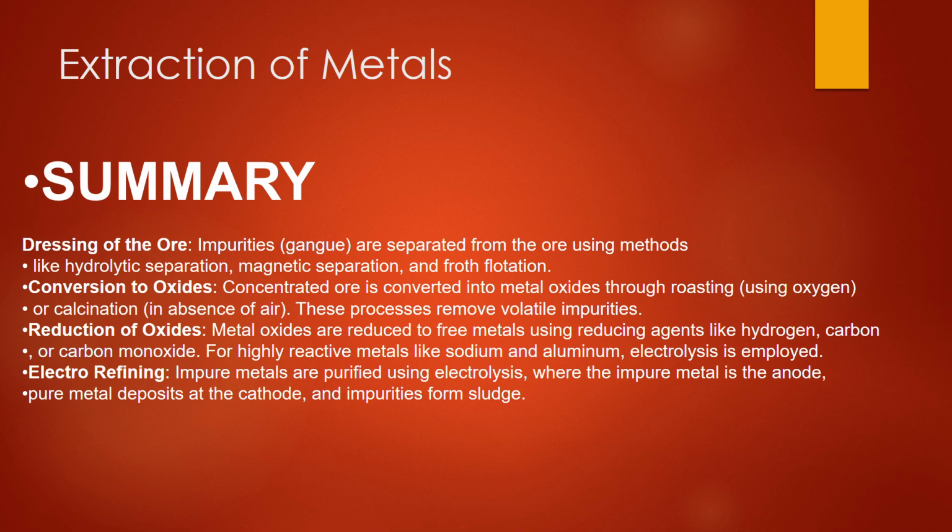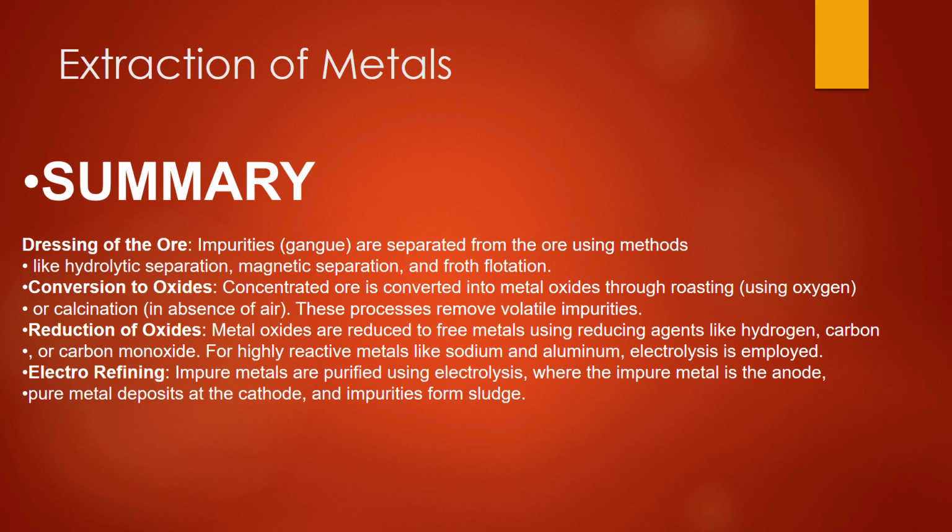There are four types to separate gangue, but mainly the main ones are the hydrolytic method, magnetic separation, and froth flotation method. The chemical method is not so much preferred, but it's preferred in aluminium. Let's go ahead. The impurities are separated by the hydrolytic method. I'll explain in detail. Next, magnetic separation, froth flotation, and next conversion to oxides.